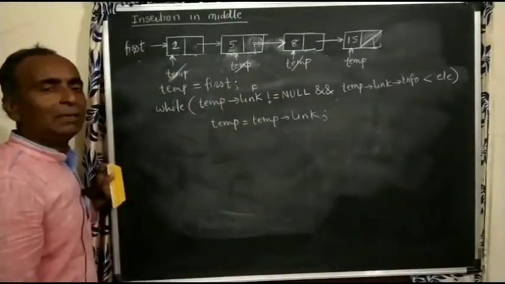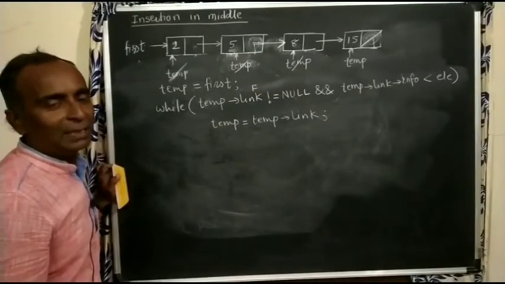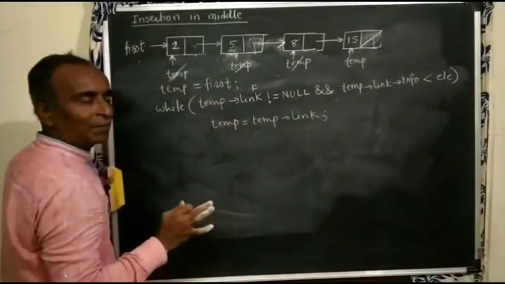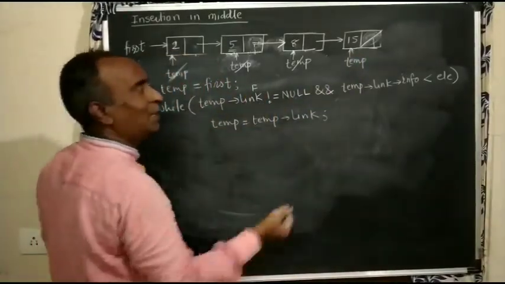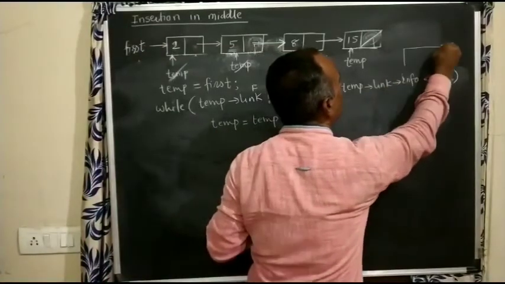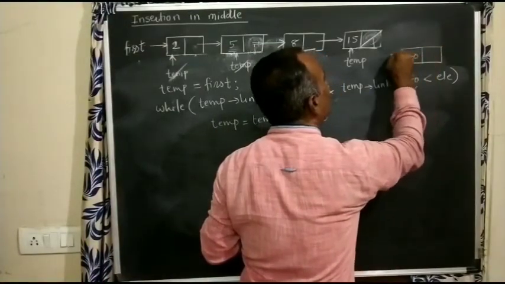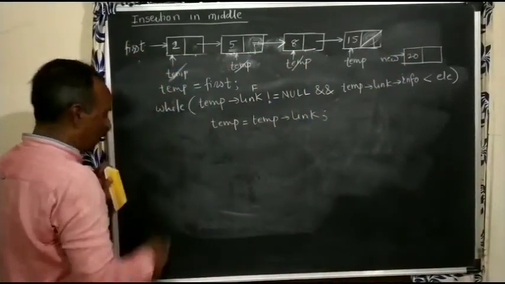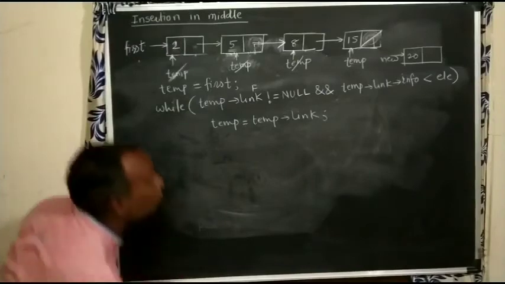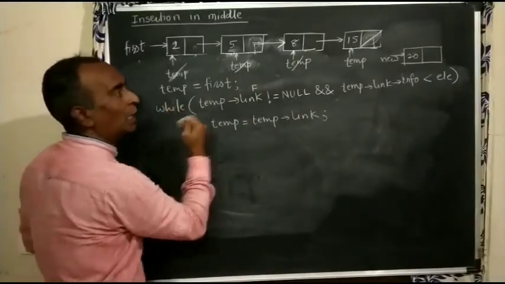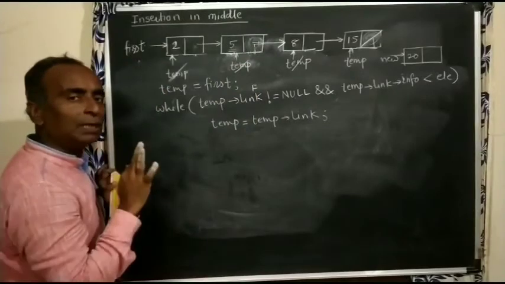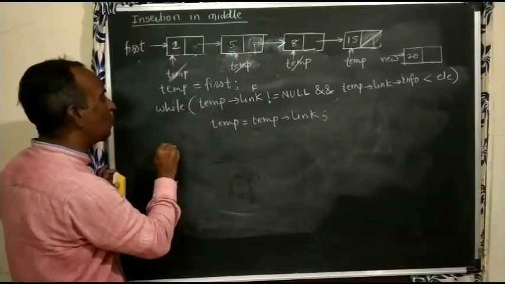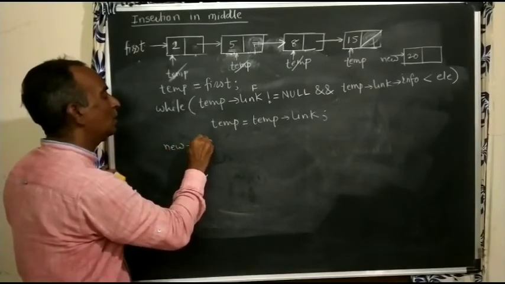We are getting the predecessor node's address in temp now. When it comes here, temp has stopped here. Now you can adjust the link fields. Same for 20, what we are doing: a new node is created. When it comes out of this loop, you are getting the predecessor node's address in temp, that is for sure. So after link adjustment, first set the link field of new, new's link.